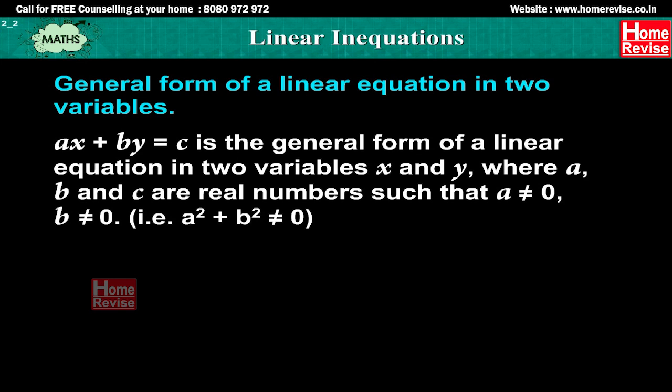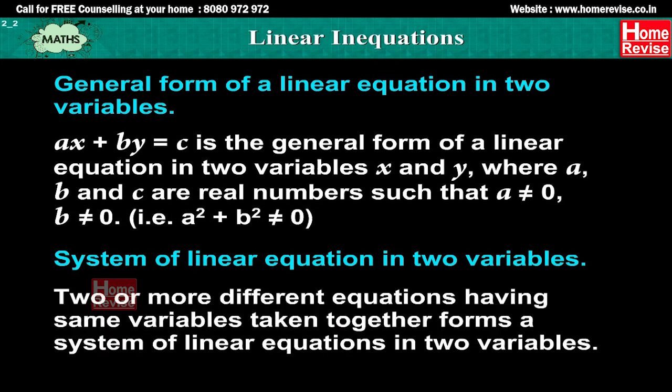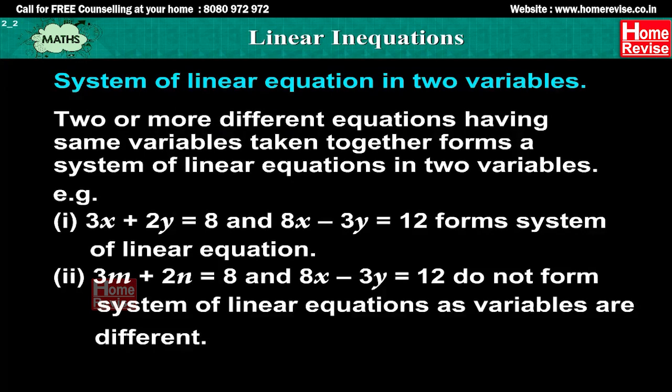Now let us learn about a system of linear equations in two variables. Two or more different equations having the same variables taken together form a system of linear equations in two variables. For example, 3x + 2y = 8 and 8x - 3y = 12.